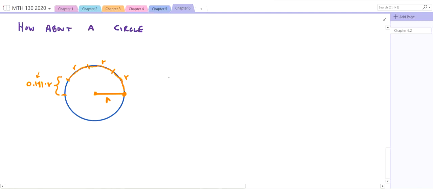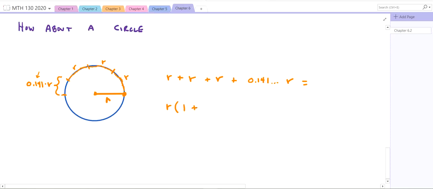So in total, I have r plus r plus r plus 0.141 r. This number goes on for infinity. This equals, well, through my distribution rule, I can pull out an r.